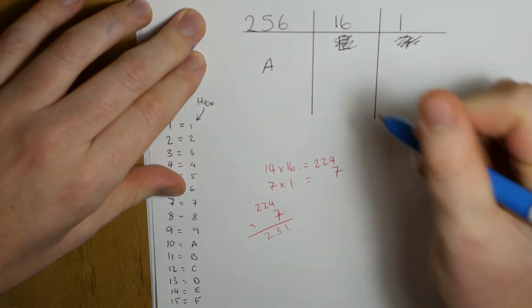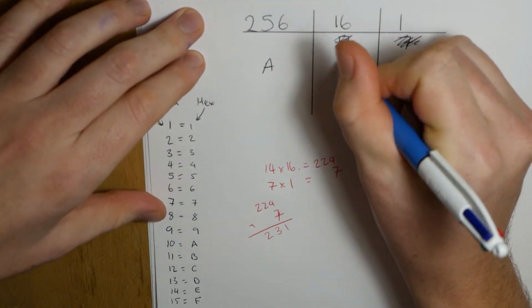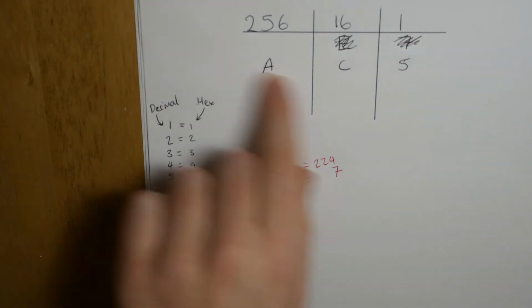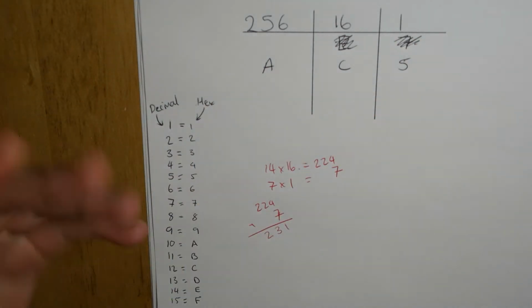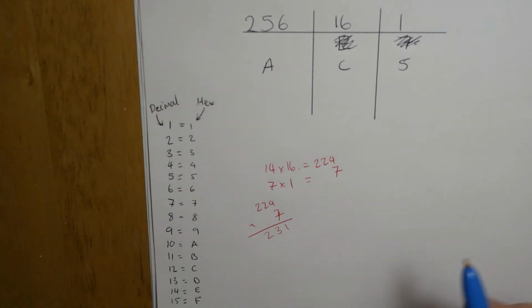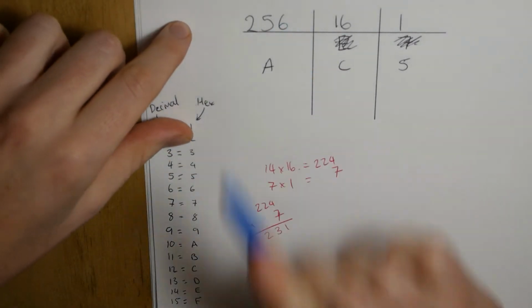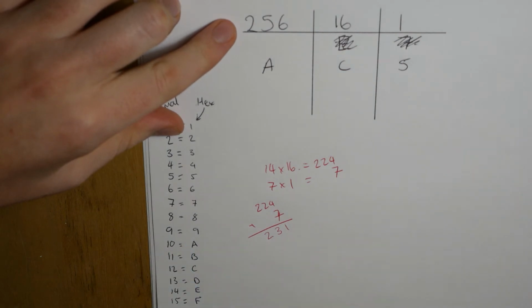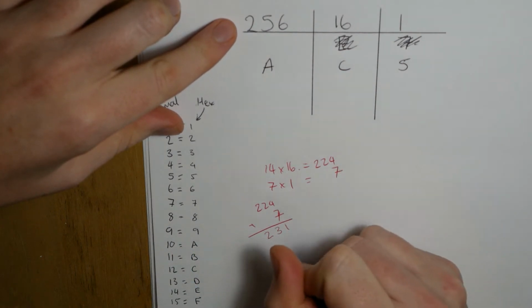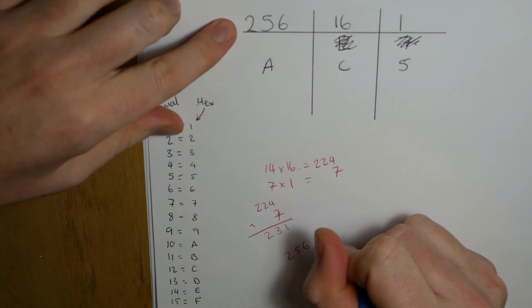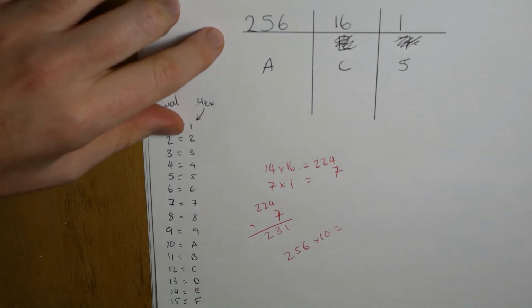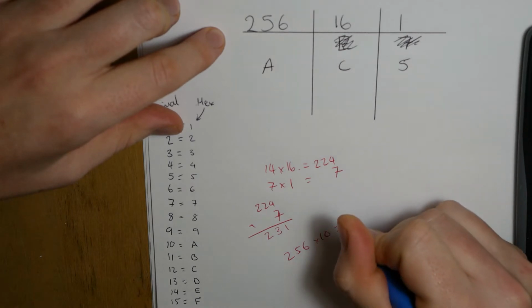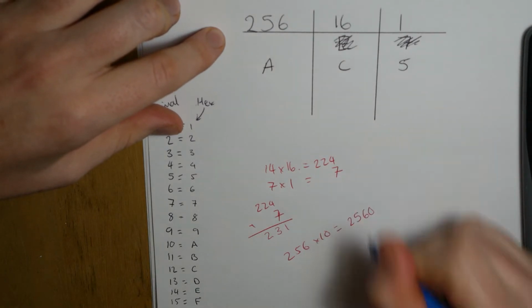So I'll scribble these out just so that you don't get confused, and then we'll say A in this column, and then C, and then, I don't know, 5. So it looks very confusing at the moment. Same process again though. This column is 256 times A, and A is 10. So 256 times 10 is 2,560.